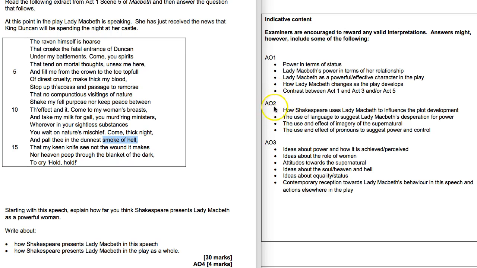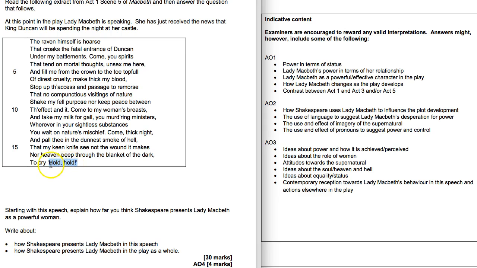Now I can come to assessment objective 2, how Shakespeare uses Lady Macbeth to influence the plot development. Well, here I'm going to focus on this quotation here. So she's attacking the idea of caution and patience because that's the very thing that she's going to attack in Macbeth.